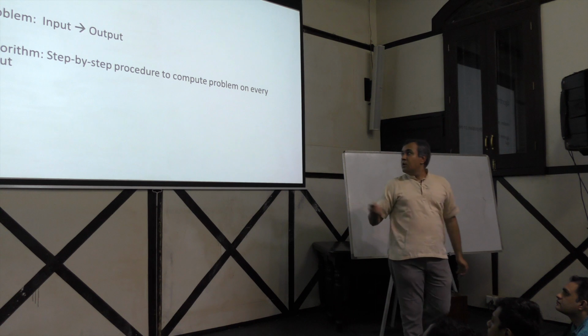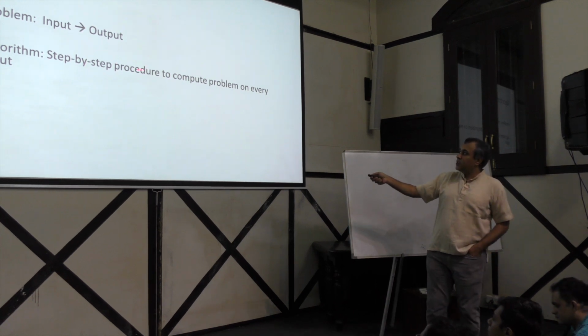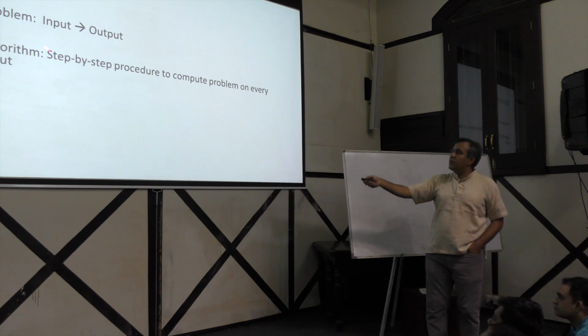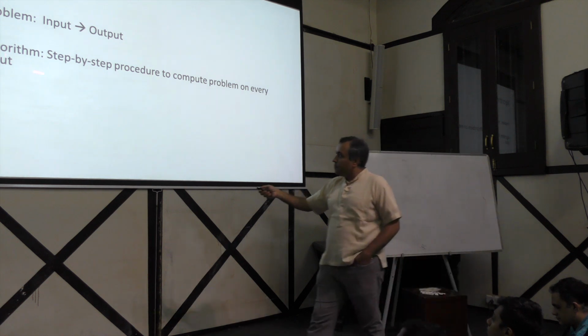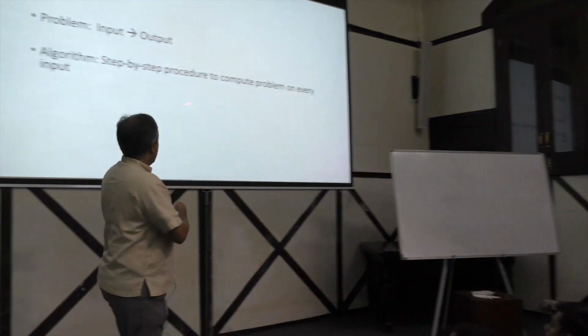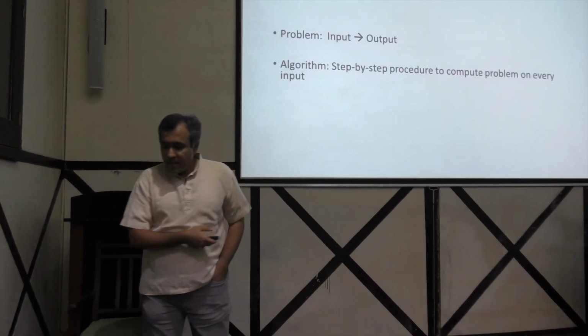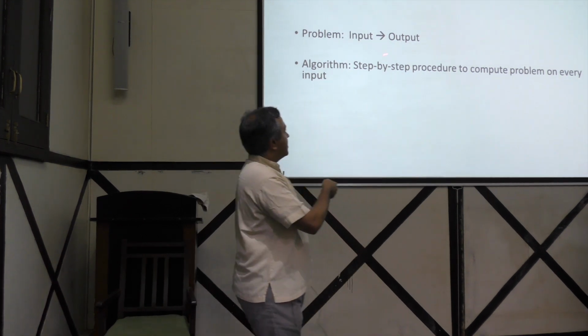In that case, you're asking for a step-by-step fitness regimen which will take you from your current physical state to the goal. In general, we're going to ask for each of the problems, is there a step-by-step procedure? That's what I'm going to call an algorithm. By the way, this seems very natural to us, but I'm being very vague here. What does step-by-step mean?